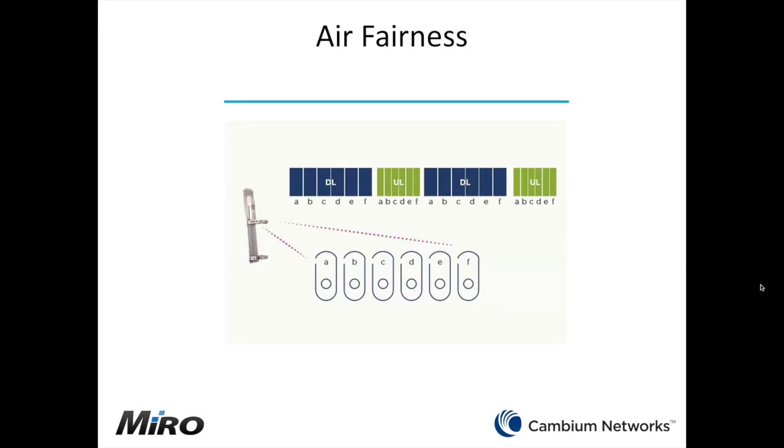100% correct. When we set up the EPMP 3000, we don't allocate dedicated time slots to each and every subscriber. If that subscriber is not communicating back or has no data to send, then it's useless to dedicate a time slot for that subscriber. So we do have a scheduler built into our radios to provide airtime fairness.